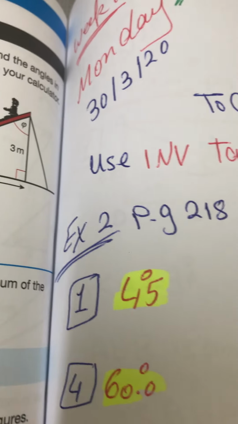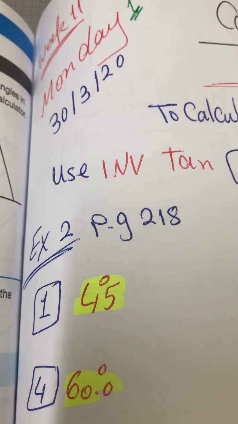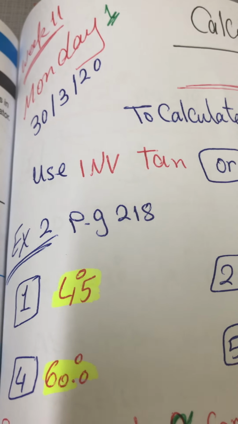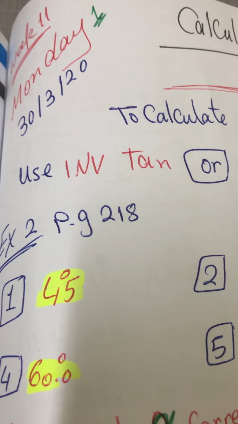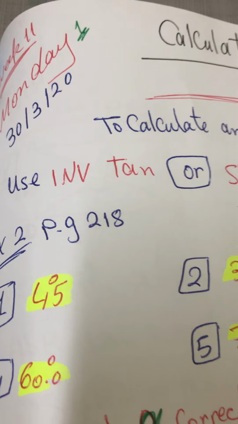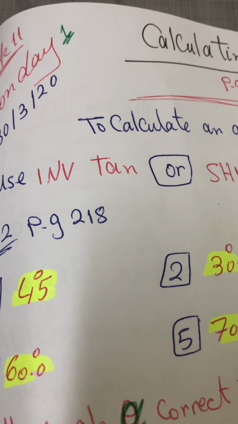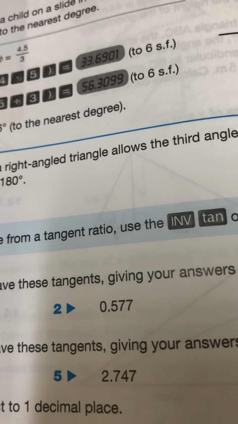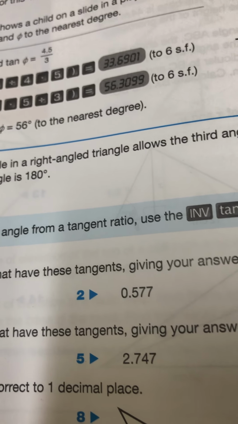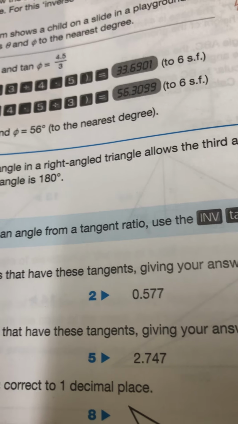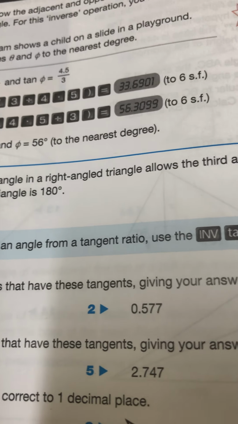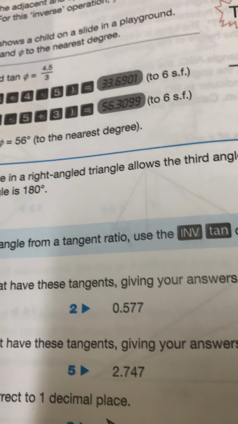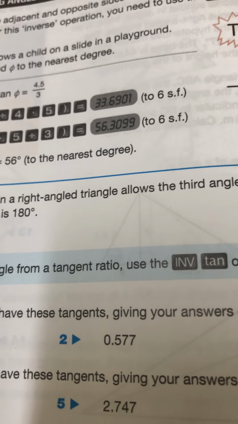In this question, he asked me to find the angles that have these tangents, giving your answer correct to two significant figures. Okay, let's see the second ratio. I have 0.577. I want to find the angle with this tangent ratio, 0.577. I use my calculator.